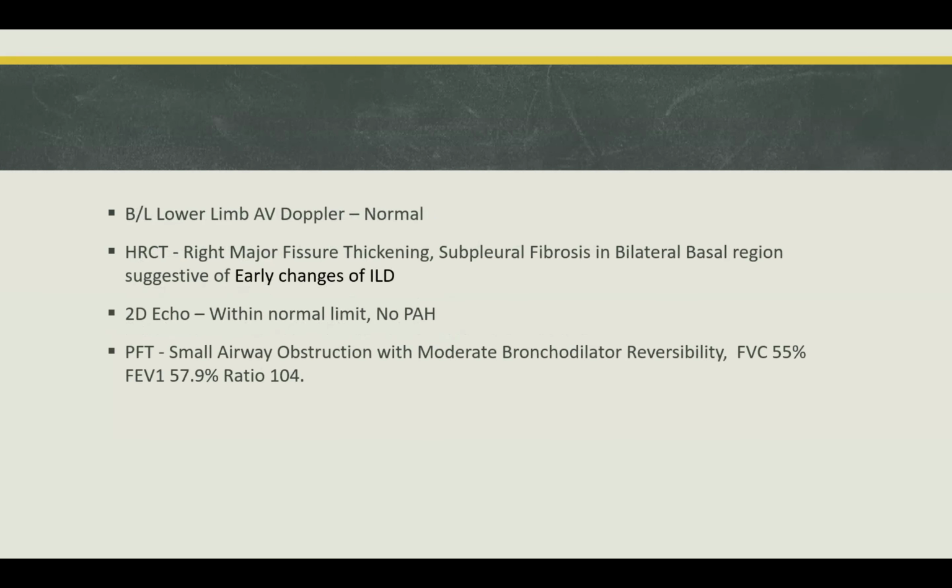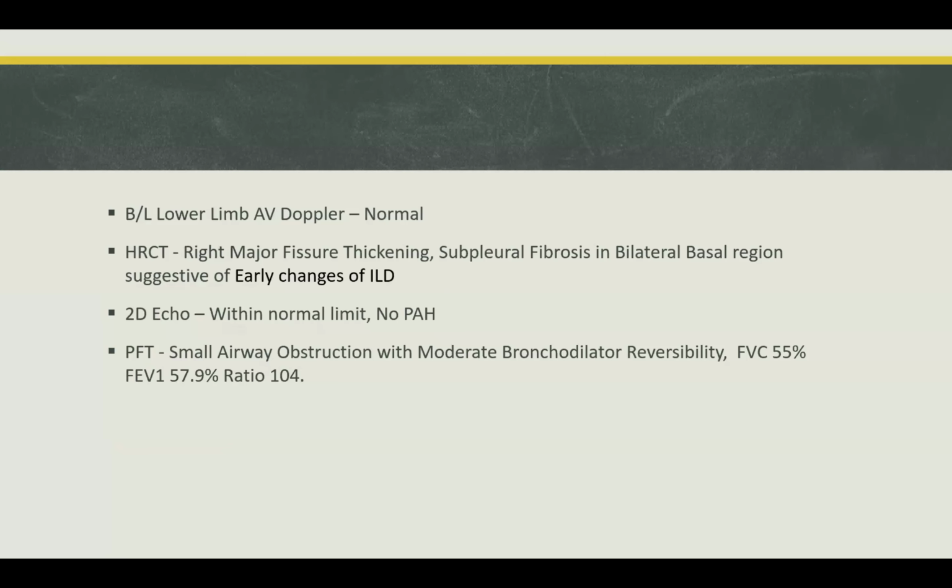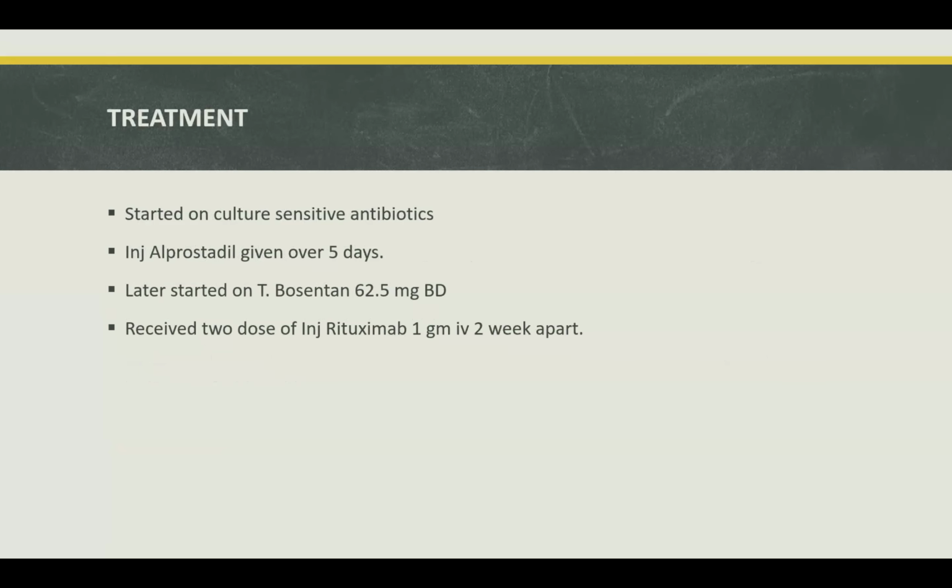So what do you think is the cause of the miscarriage in this patient if APLA is negative? Ma'am, vascular disease associated vasculopathy, which can also cause it. Yes, you're right.